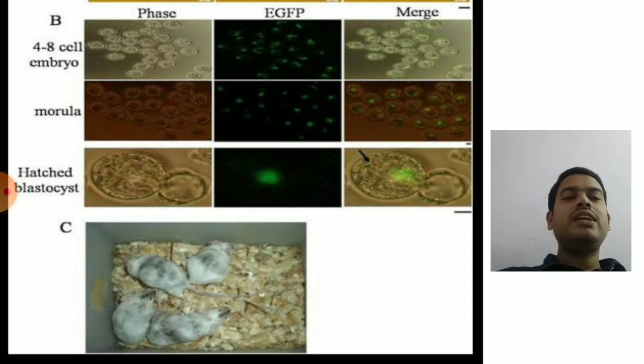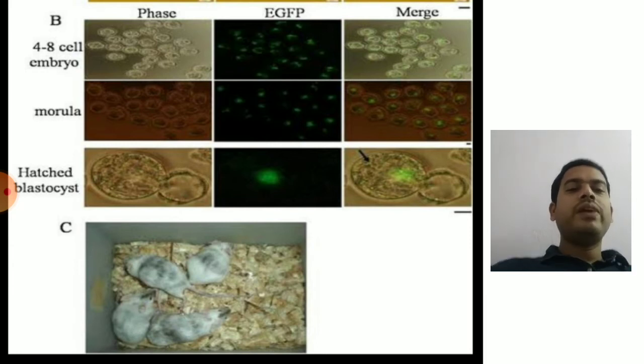You can collect embryonic stem cells and introduce your transgene into embryonic stem cells and introduce those embryonic stem cells into the blastocyst, where from blastocyst 4 cell, 8 celled stages finally the embryo will develop. So this is how microinjection is used for the development of transgenic animals, and how you introduce your transgene into the host cell with the help of microinjection.